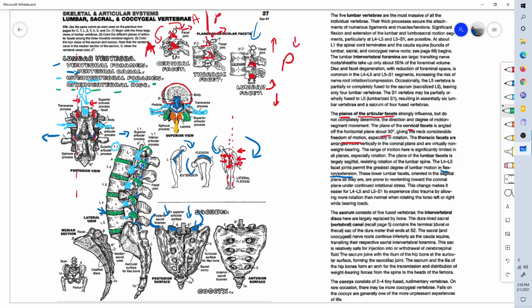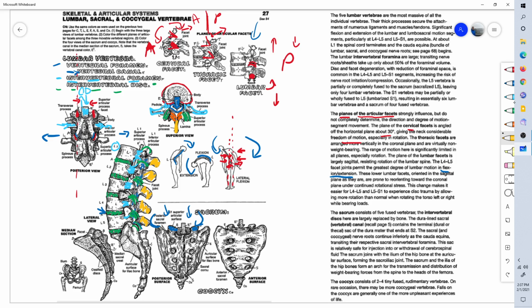The inferior articular process, that's the one below here. It's hidden, it's sneaking in there. There you go. And the facet joint is in between them. The spinous process in the back. These are the bumps you feel on the back of the spine.